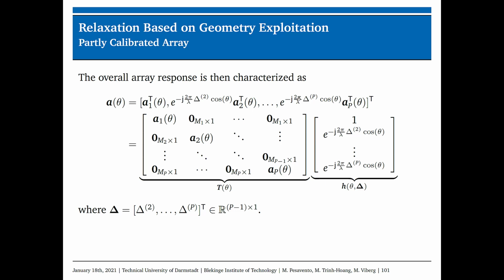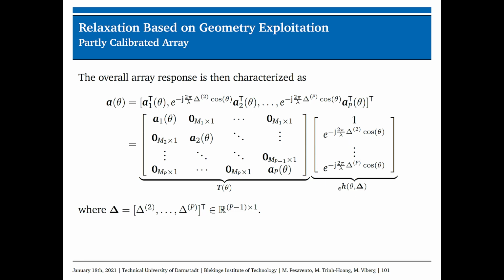This concatenation we can also express in terms of the matrix vector product of a block diagonal matrix that contains the subarray steering vectors on the block diagonal. This matrix we denote by T of theta, and a vector that accounts for the phase shifts due to the subarray displacements.